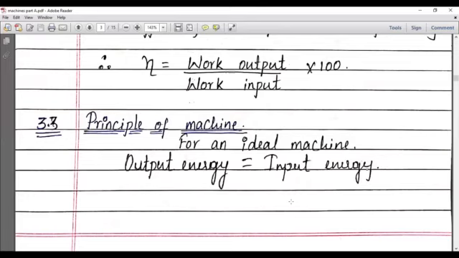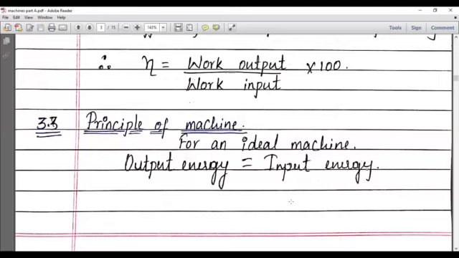Next one, we have input energy and output energy. Whatever energy you are supplying to a machine will be your input energy. Whatever energy is given by the machine is known as output energy. In other words, input energy will be equal to work done at the effort point.